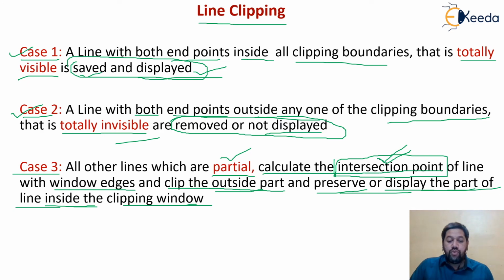How am I going to remove the outside part, and how am I going to preserve the inside part? All these things will be learned in the next session with the help of an algorithm. In the next session we are going to learn the Cohen-Sutherland line clipping algorithm. Different methods are there, and we have different algorithms which are called line clipping algorithms.